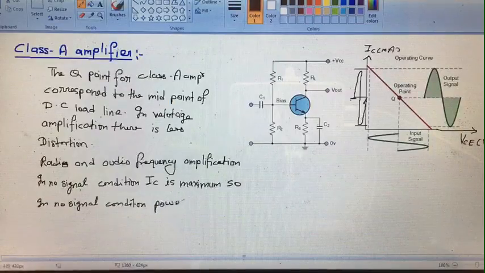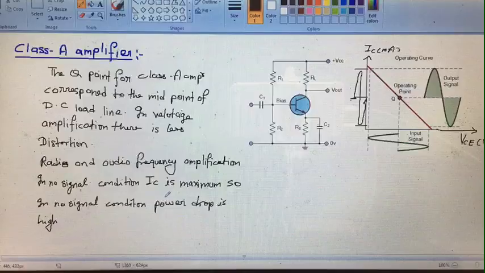So in no signal condition the power drop is high. If the input is 0 volt, the collector current will be maximum, and in no signal condition the power drop will be maximum. The amplification given by the amplifier is maximum and there is no distortion.